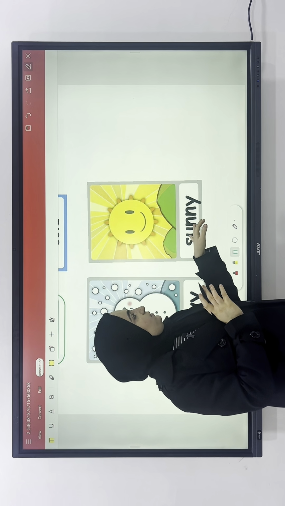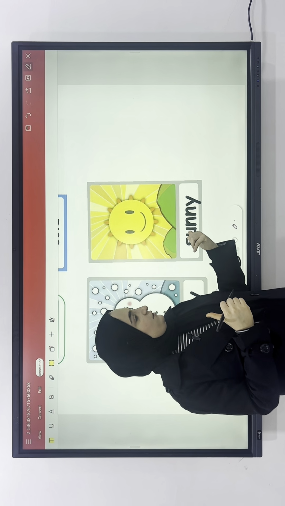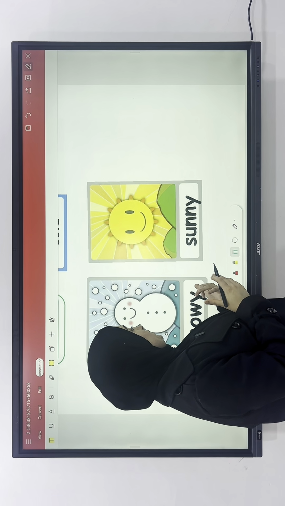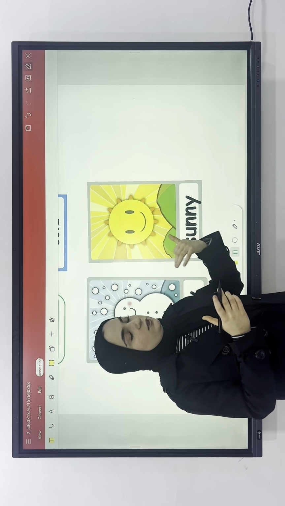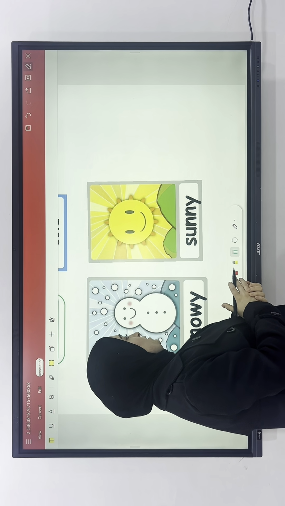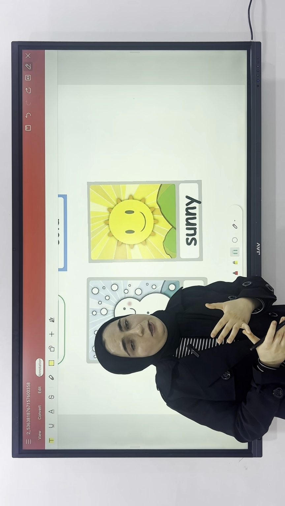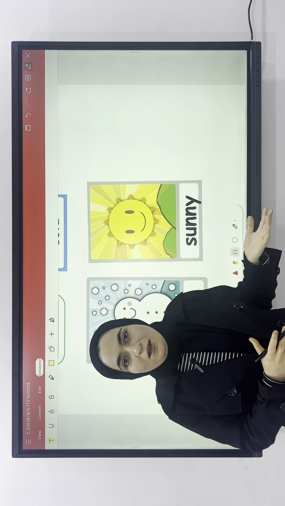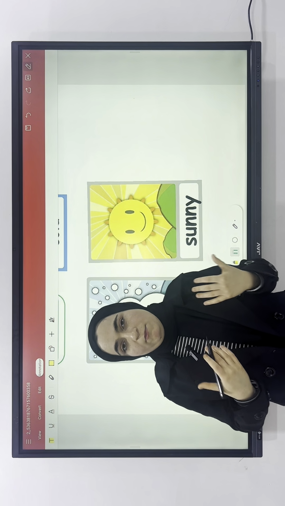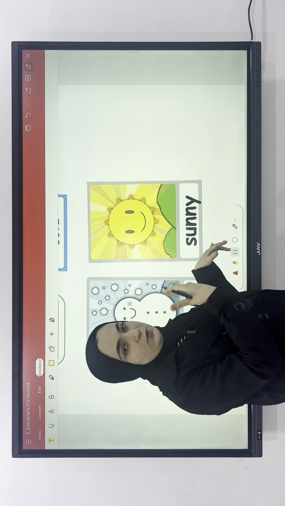And the next one, you also like it. It is sunny. What do we do if the weather is sunny? If the weather is sunny, it means the sun is shining brightly in the sky, and then we go swimming. We play outside. We play football, basketball, ride a bike, and we play outside, not inside.